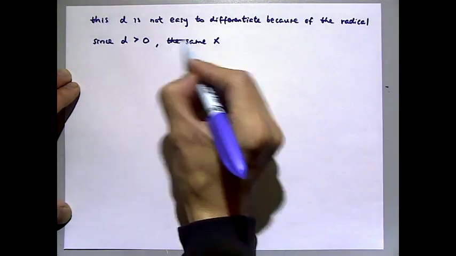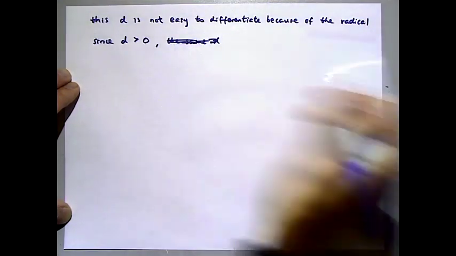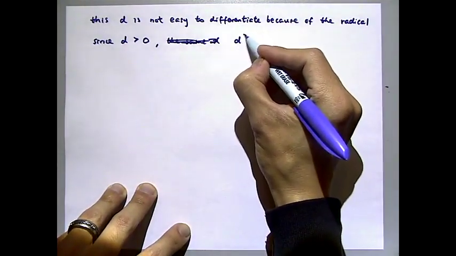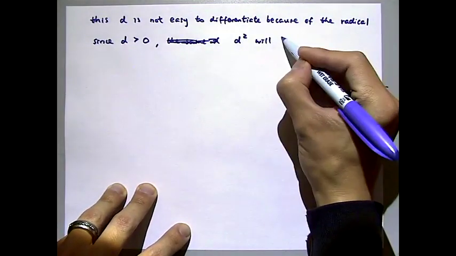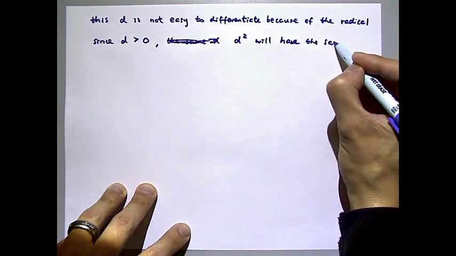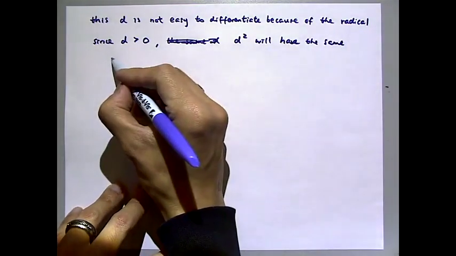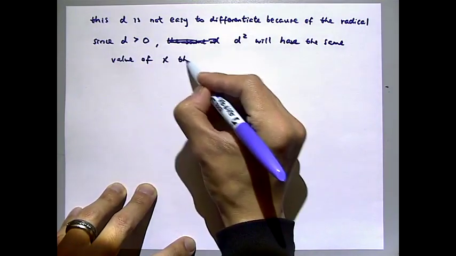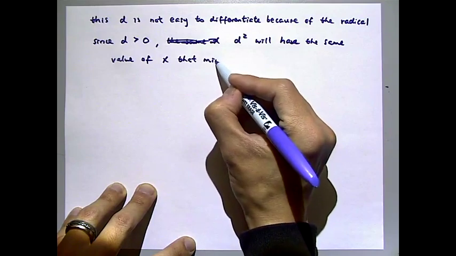Let me rephrase this. Since d is positive, d squared will have the same value of x. That minimizes it.